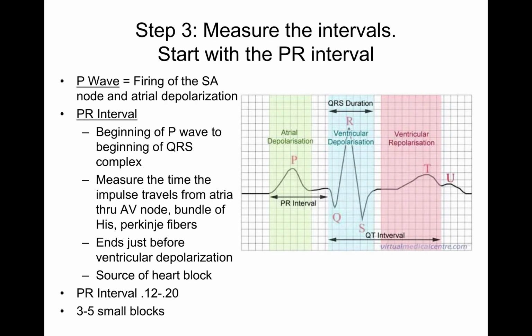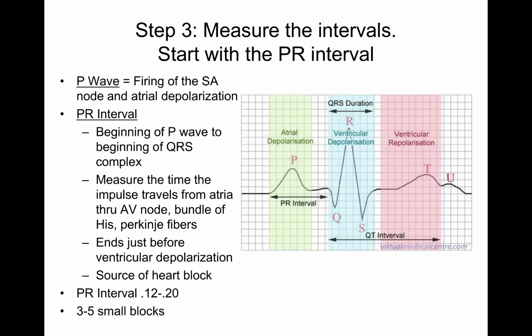So for a normal PR interval, we're measuring from the start of the P wave to the end of the P wave. Like I said, this is not a good picture to do that. It should be between 3 boxes and 4 boxes. Just for review, if you do not know this already, each of these small boxes is 0.04 seconds.